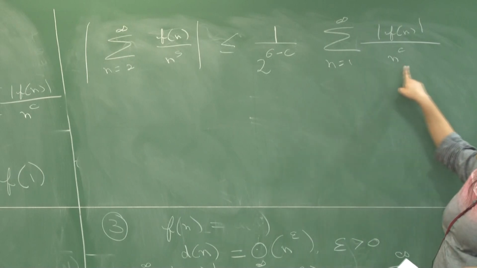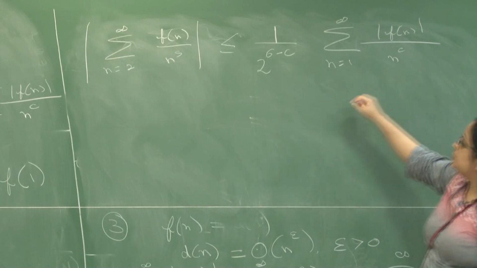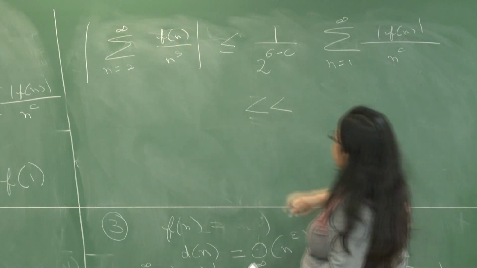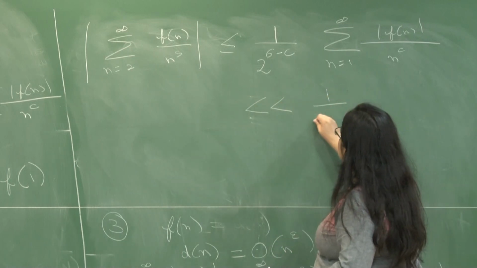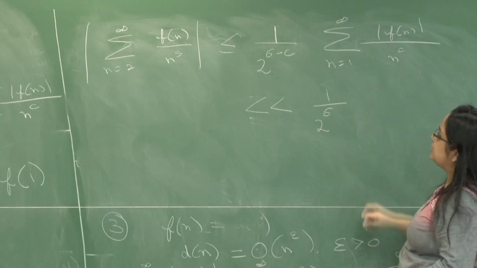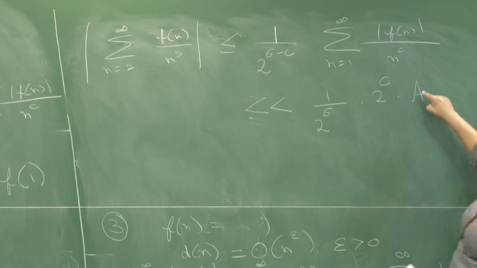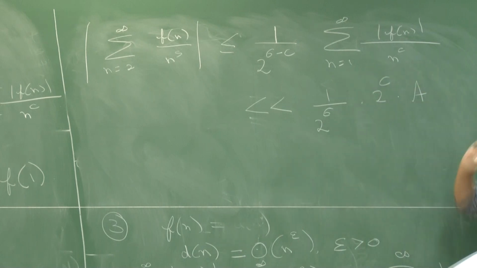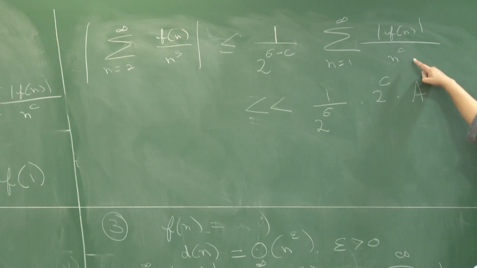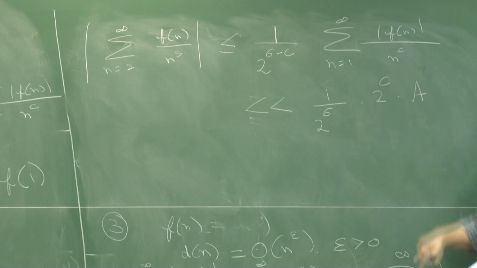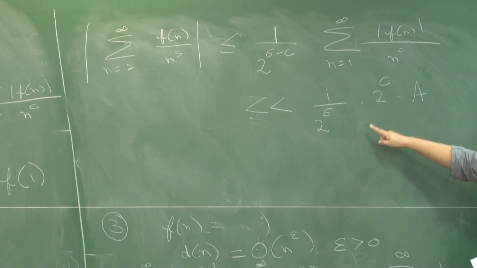This converges, right? So this is less than 1 over 2 raised to the sigma times 2 raised to the c times some absolute number capital A, since this sum is converging. And this A does not depend on sigma at all. It depends on just this value at c, where all that we need to know is that this sum converges. This limit is finite. So what do you have?